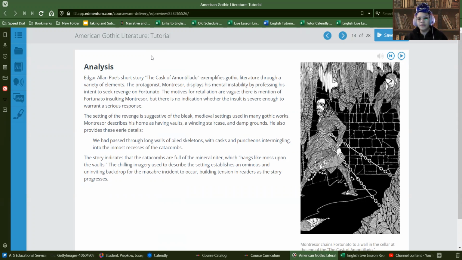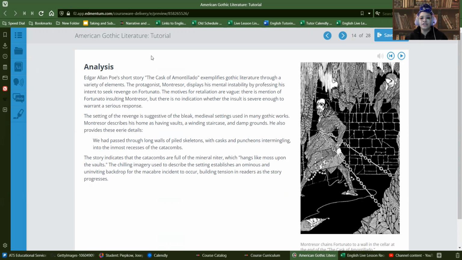So there's some stuff from the video about Gothic literature that you can find here. There's a lot of elements that this shares with Gothic literature. This is basically a Gothic story. And a couple of those things are that the main protagonist is mentally unstable, and that the setting is in that sort of bleak cave underground area.